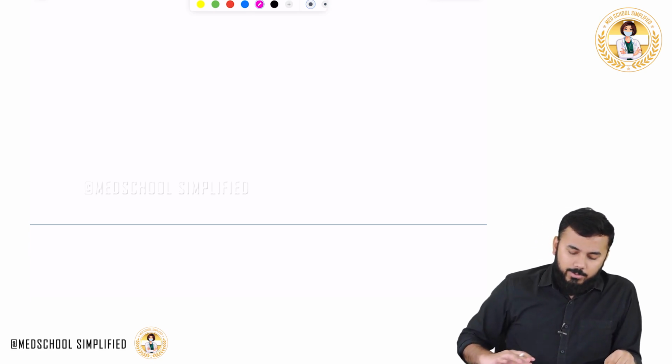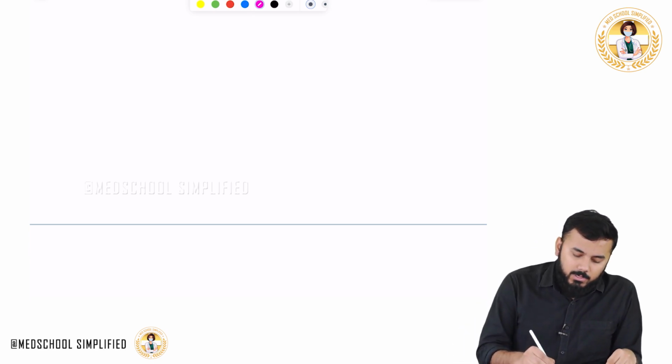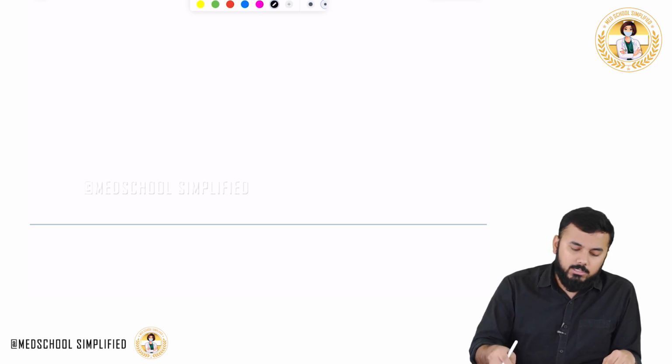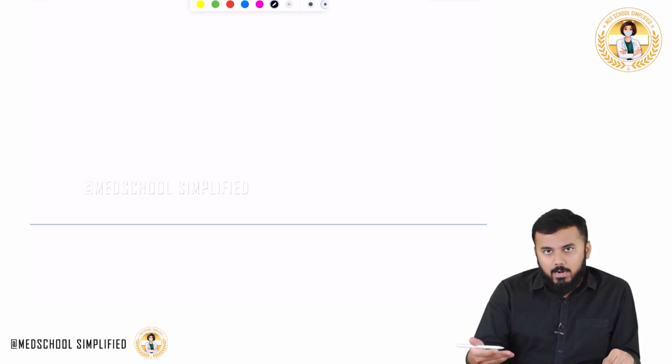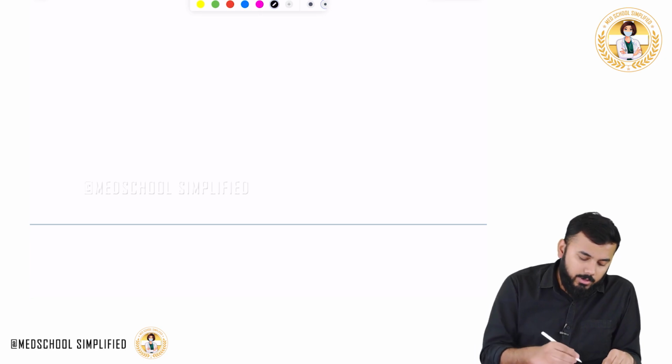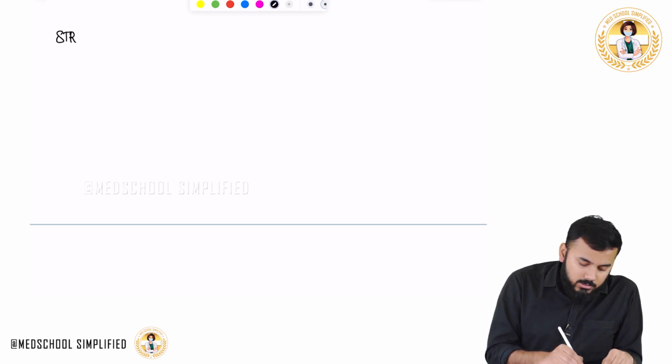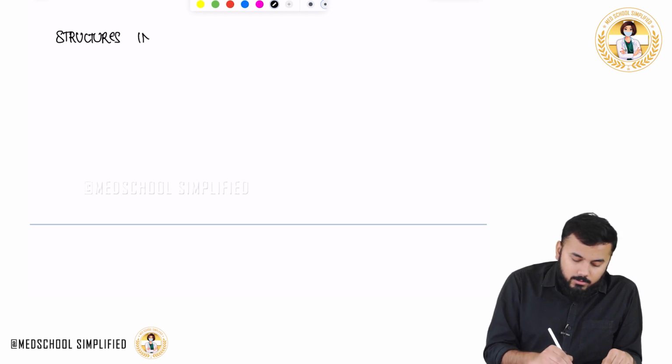So the topic of discussion today will be the structures that are present in the anterior part of the floor of the third ventricle, okay.